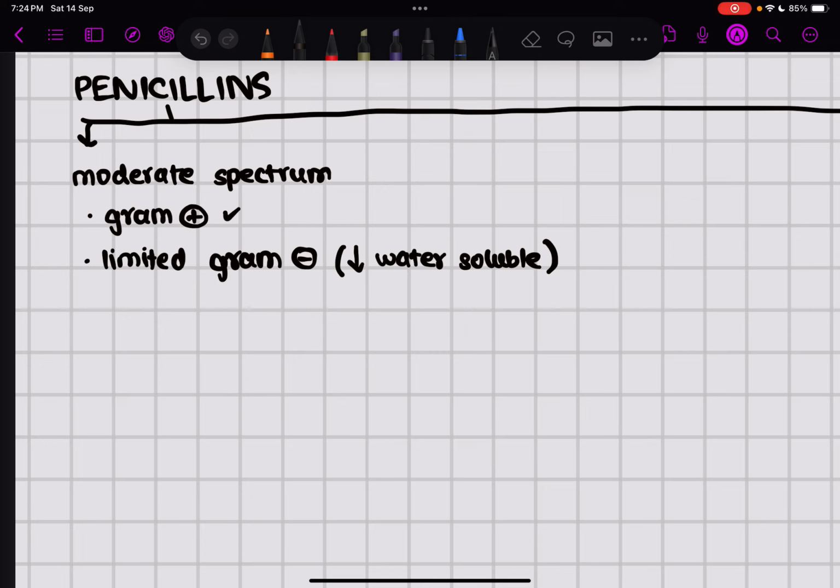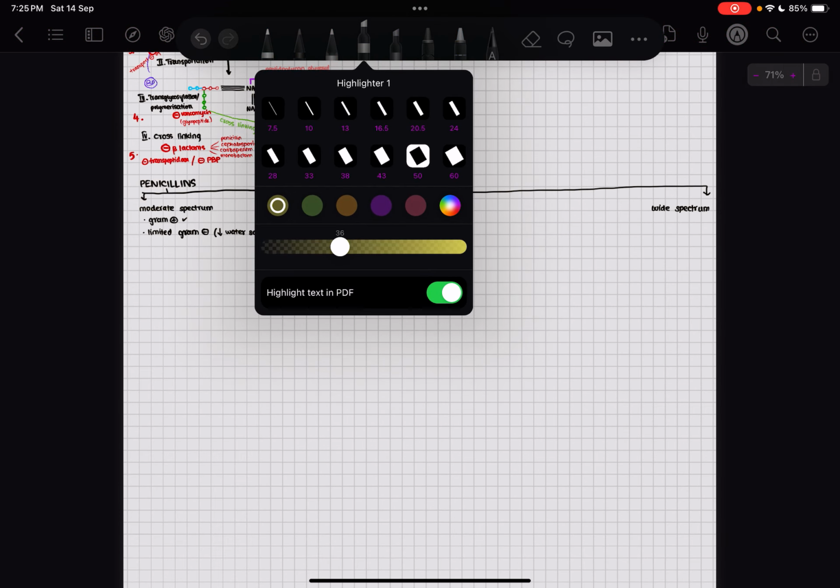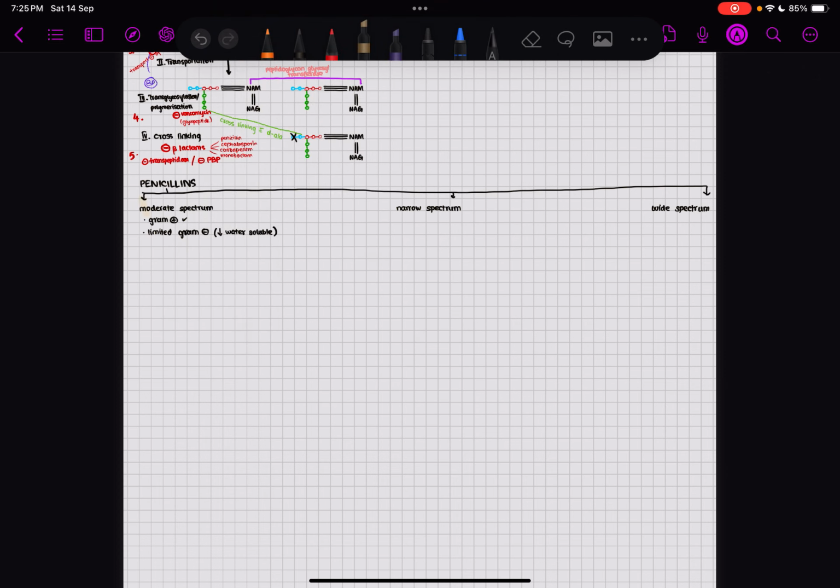Now we have got 3 drugs under this. What are the 3 drugs under the moderate spectrum?